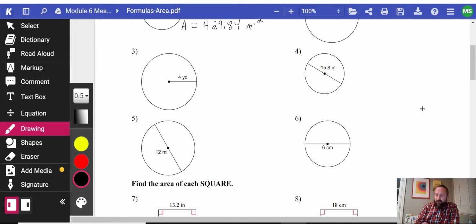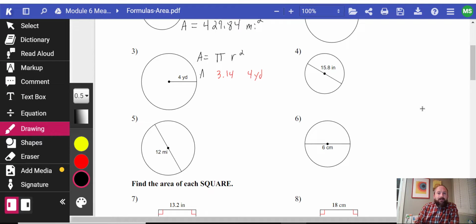Once again, the first thing we do is write down our formula. The formula for a circle is pi r squared. So I'm going to have 3.14 and I'm going to have 4 yards.